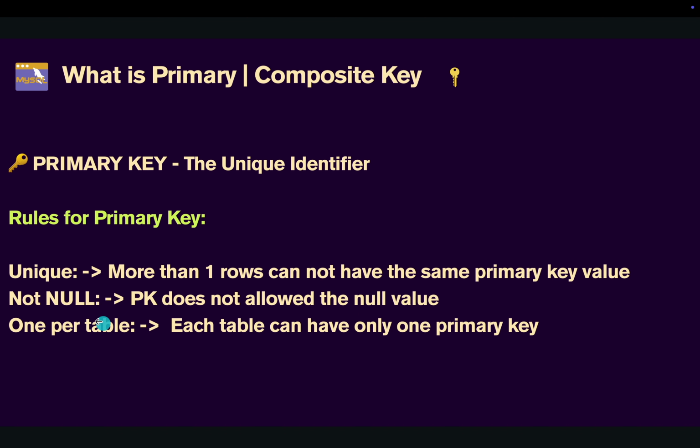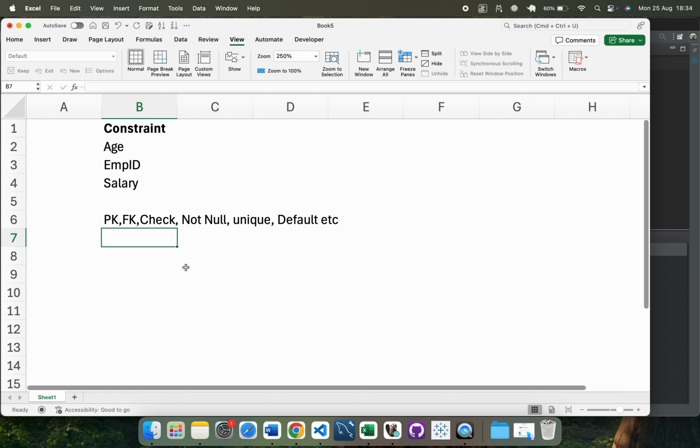The second rule is not null. A primary key does not allow null values in the column, and we can have only a single primary key on a table. Let's take an example. If employee ID is the primary key column, I cannot insert 101 one more time.